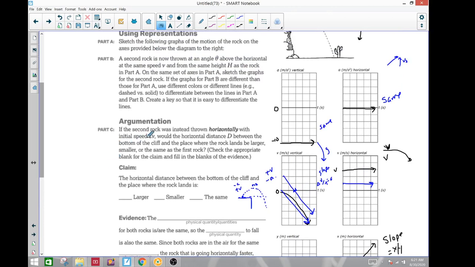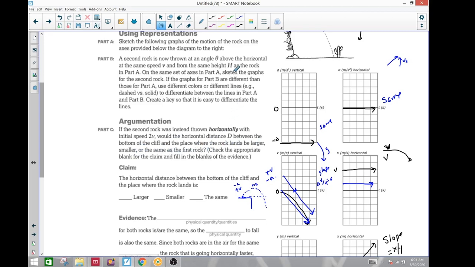If a second rock is thrown horizontally with a speed 2v, would the horizontal distance d between the bottom of the cliff and the place where the rock lands be larger, smaller, or the same?